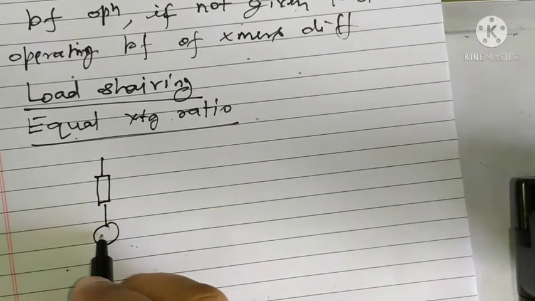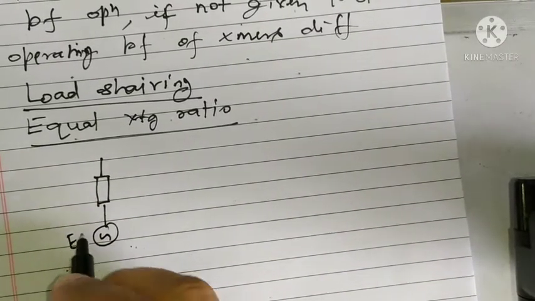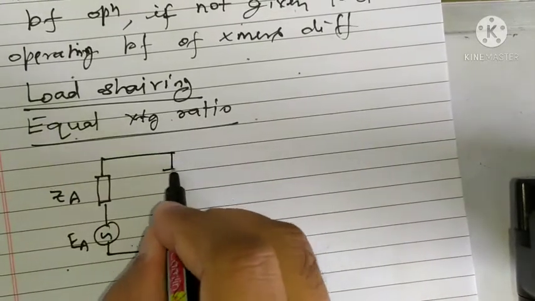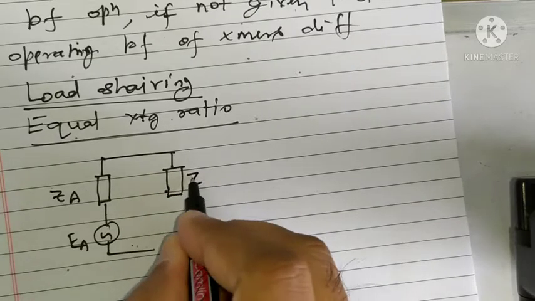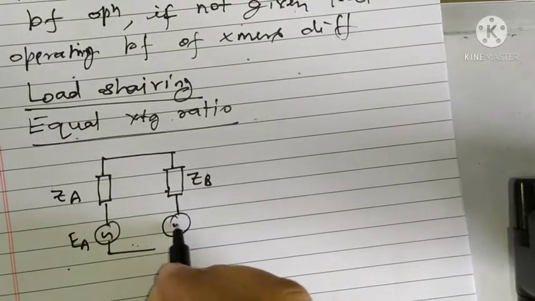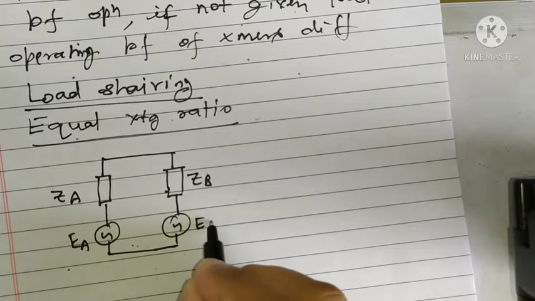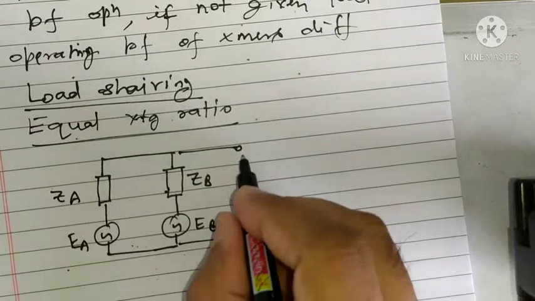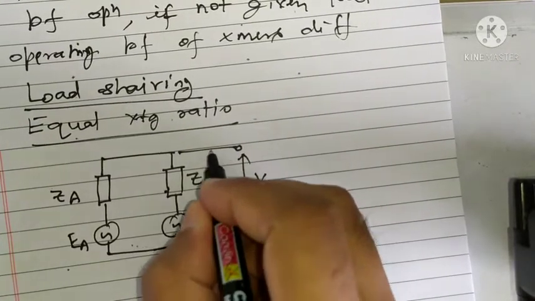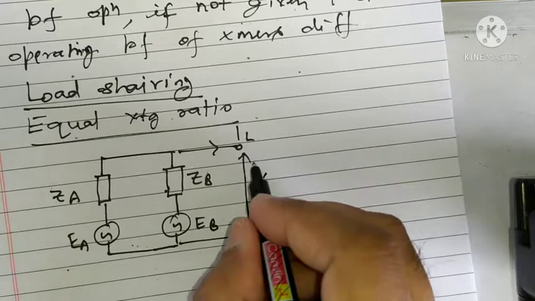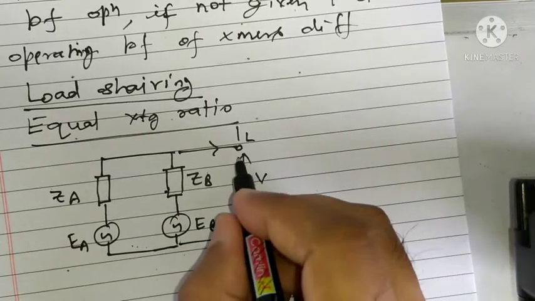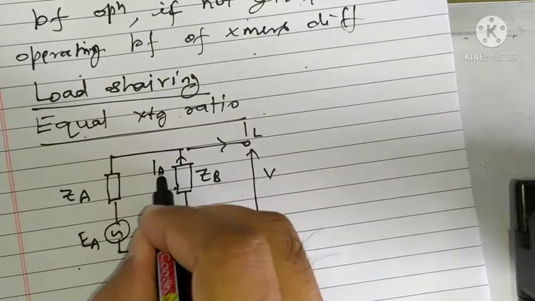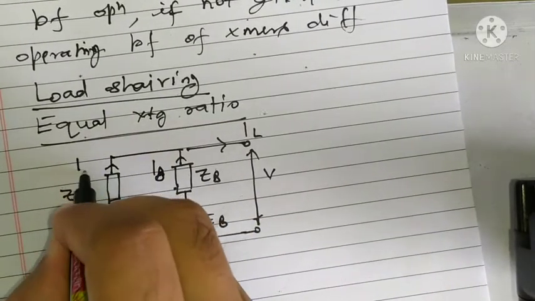This is EA and its impedance is ZA. This is one transformer. It is connected in parallel with a second transformer, whose impedance is ZB and EMF is EB, and it is supplying voltage V to the load. This is the load current, right? So the load is connected here.